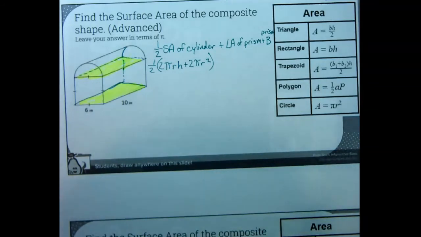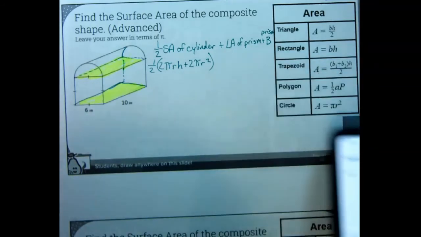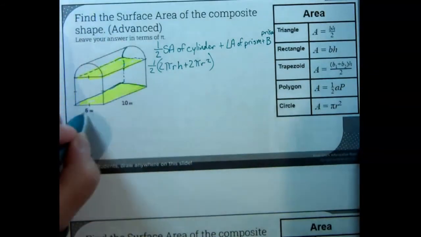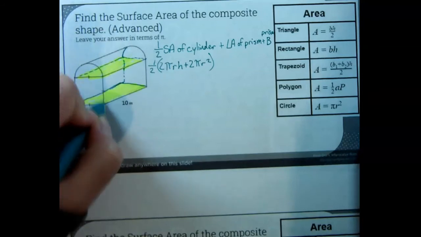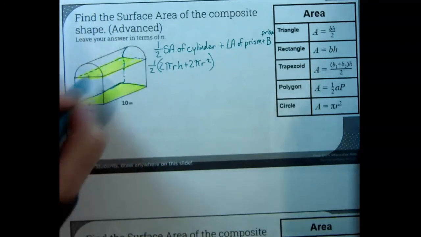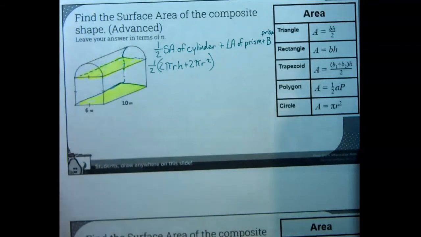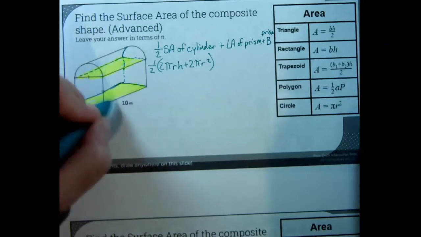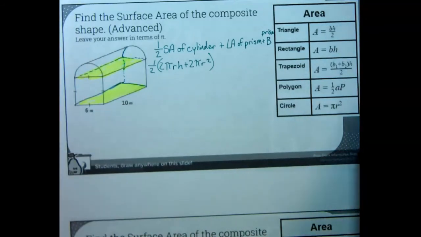Okay, so we'll go ahead and solve that so we don't mix too much together. We need our radius and we need our height. So this is 6 units long because this is a square prism, which any rectangular or square prisms, you can kind of pick where the bases are because the bases just have to be perpendicular to each other.